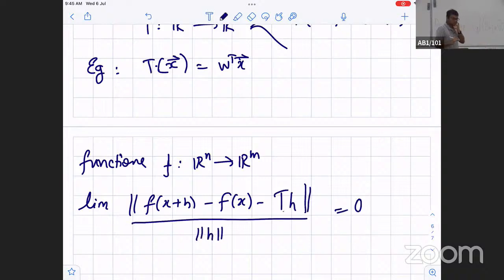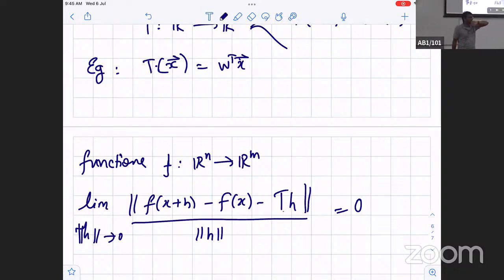Okay, first question again. Why did I write a double line here in the numerator as well this time? Yeah, it's an Rm vector. You cannot take the absolute value of a vector, so that's why we are taking the norm, the length of that vector.